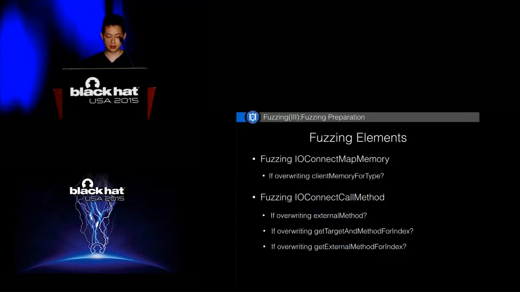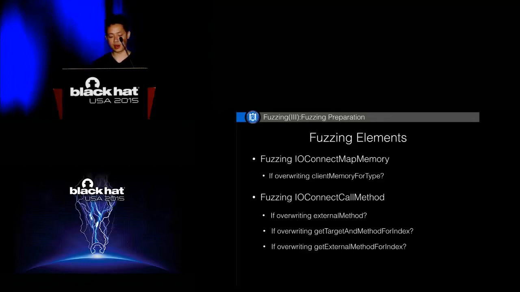Before we fuzz, we still need to know which interface is available in the target client. Here are the fuzzing elements. If the client overrides client memory for type, then we can fuzz IOConnect Mach memory.